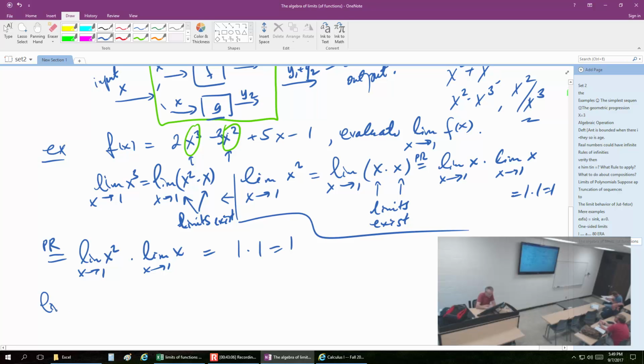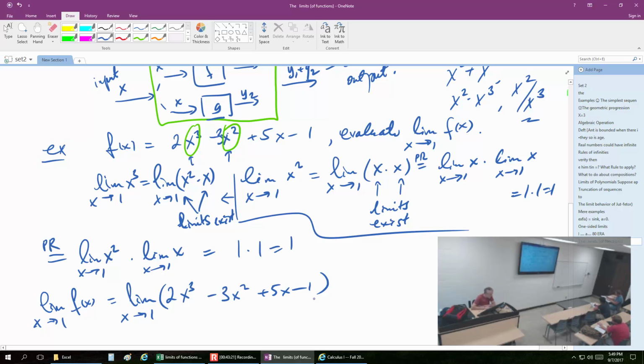So I'm evaluating the limit of f of x as x goes to 1, which is the limit of 2x cubed minus 3x squared plus 5x minus 1. What is the first rule I apply? The product rule.